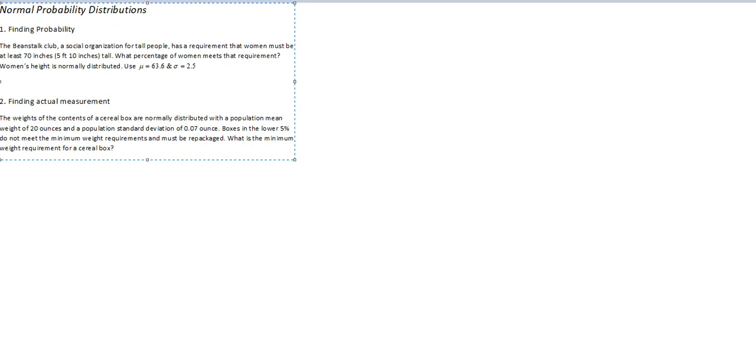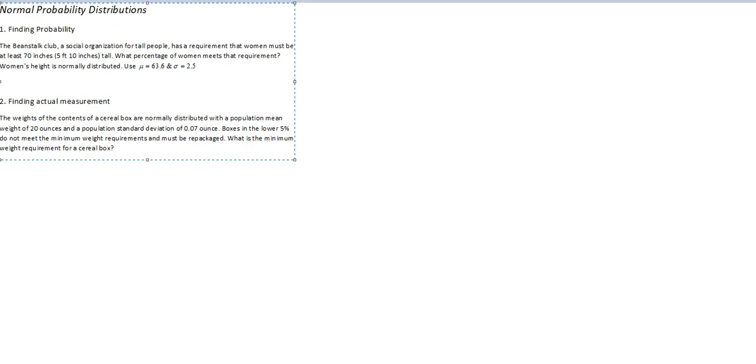But we have the finding probability problem, and the other one is the finding actual measurement problem. So I'm going to go over those two problems, and I'm going to draw some graphs so you guys can see this. Okay. All right.